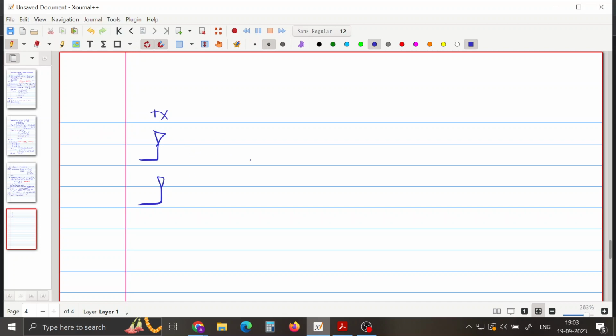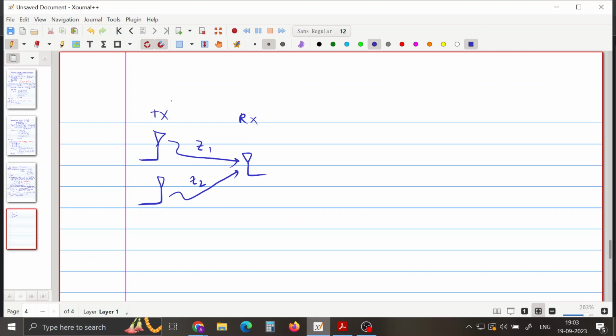Let's say one receiving antenna, and there will be 2 channels. These are the transmitted signals that will follow 2 different channels. First one, let me denote it by Z1, second one, let me denote it by Z2.